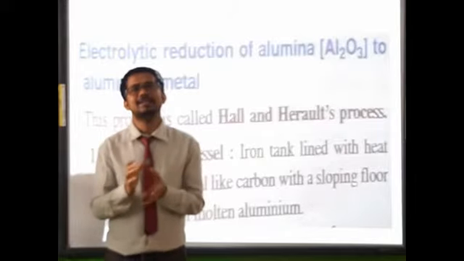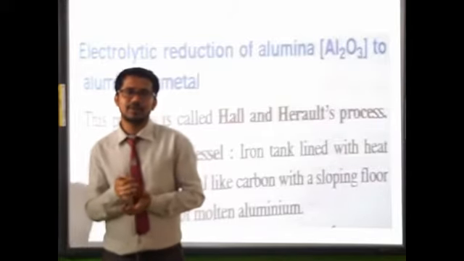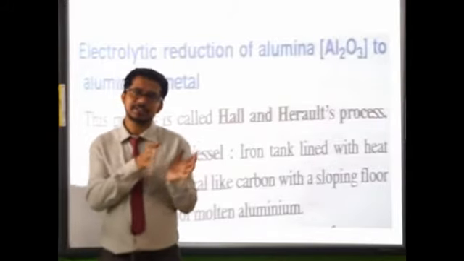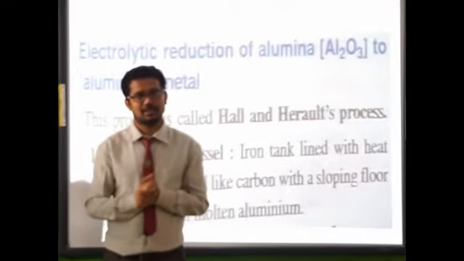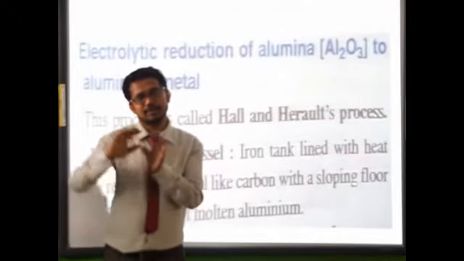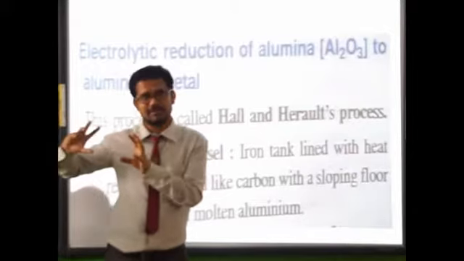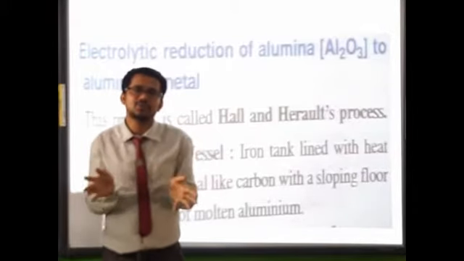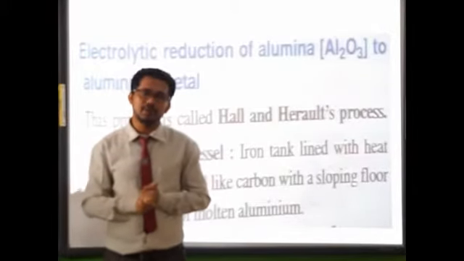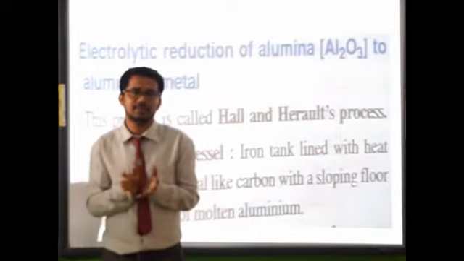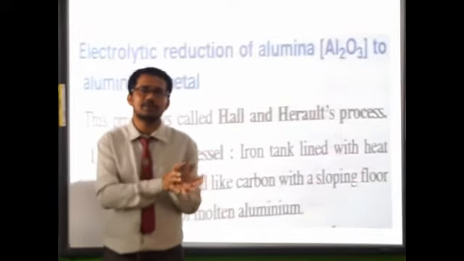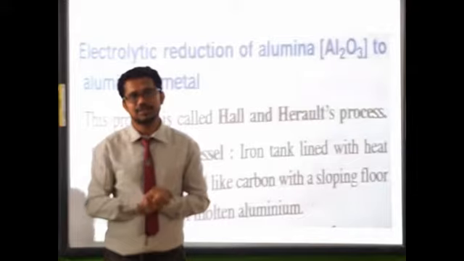electrolytic reduction. And in this, for separating aluminium from aluminium oxide, we have to remove oxygen, right? So for that we need to heat aluminium oxide, and the melting point of aluminium oxide is 2000 degrees Celsius.